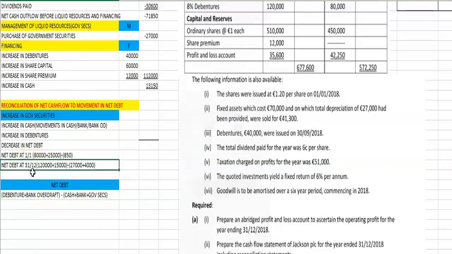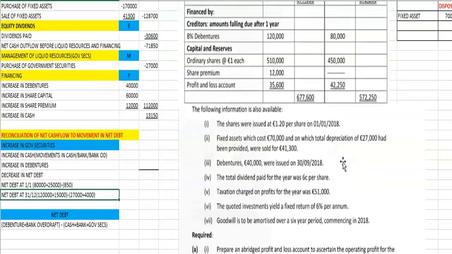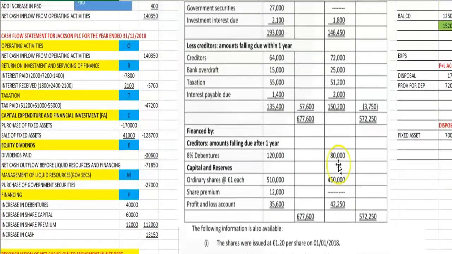I usually start with the net debt at the end of the year and at the beginning of the year, and then I'm able to figure out what the change in net debt has been, and then we explain how that change in net debt came about. So I'm just going to work from the bottom up here. So I'm looking for my net debt at the end of 2018. So I'm looking at borrowings first, which is your debentures of 120,000 and your bank overdraft of 15.